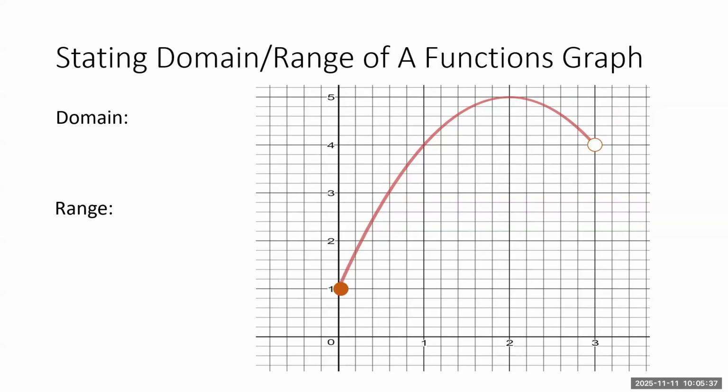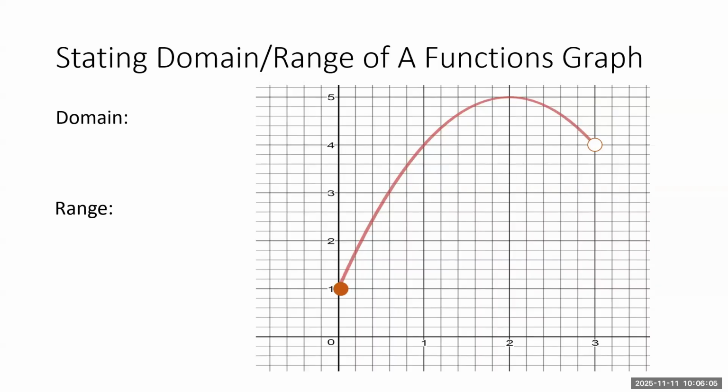Now I'm going to state the domain and range of a function's graph. I have a graph pictured here, on an XY grid. The X values go from -1 to about 4. The Y values go from about -1 to 6. We have a quadratic parabola, but we only have a very small snapshot of it. We don't have the entire parabola.